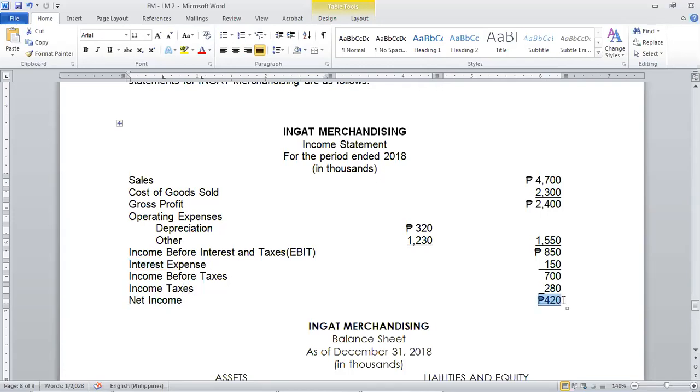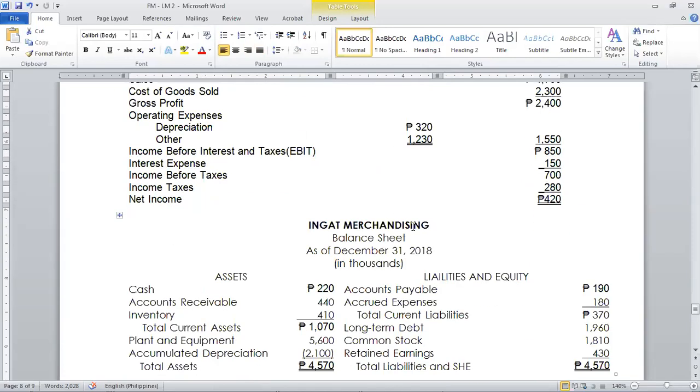That's why it's called net income. Usually, when we compute for operating ratios, EBIT is what we use. So we will see this later in our problem.